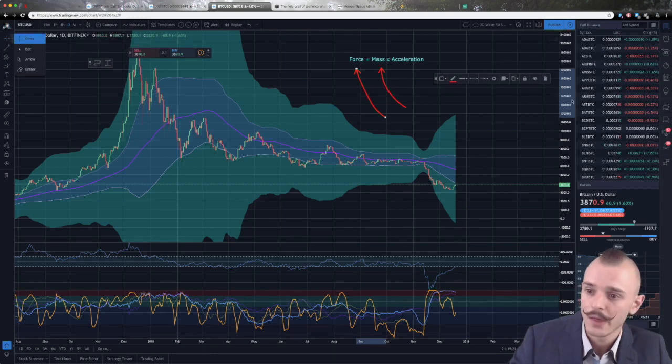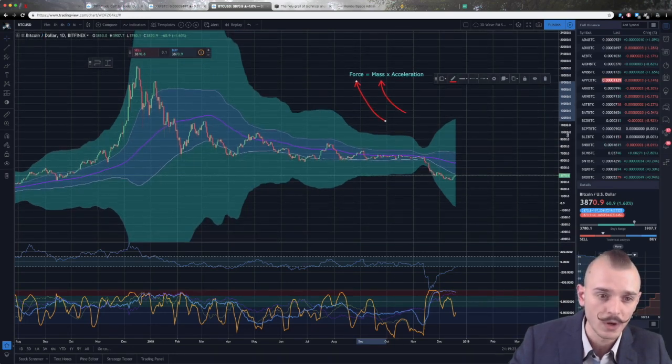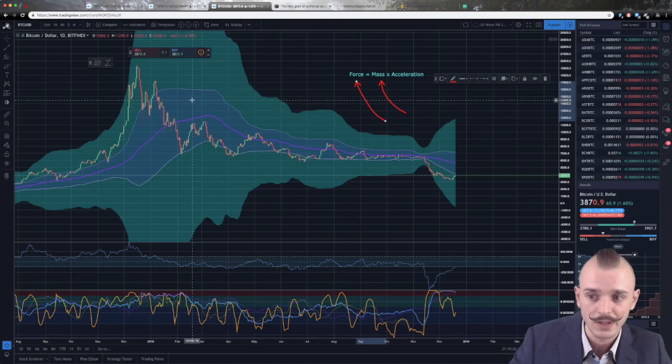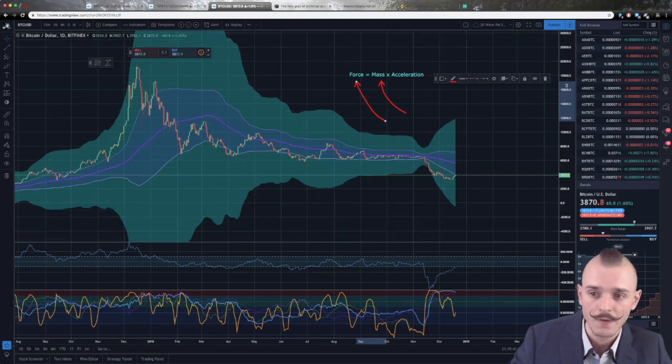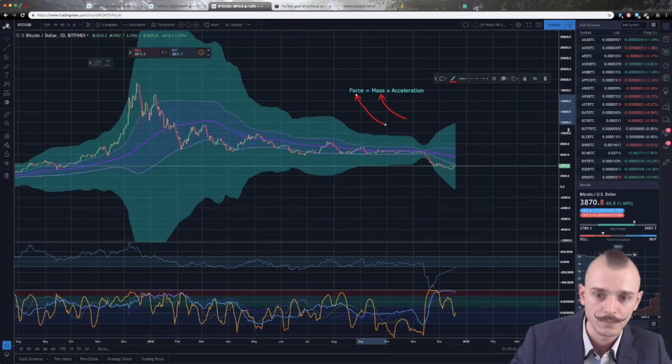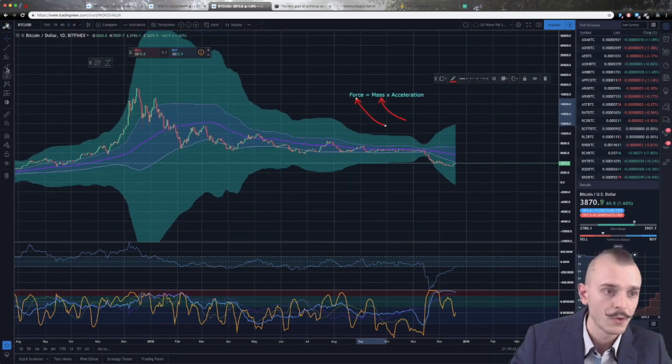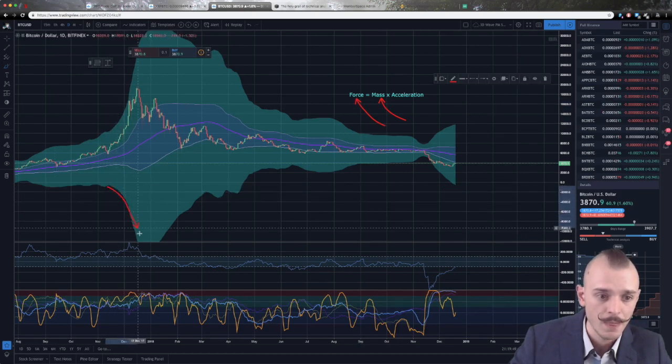Now, the biggest and most important piece of all of this, and it's going to be the holy grail for the rest of the strategy, is mass. Mass is the most important and underused metric in all of the markets. And mass is going to be the width of a distribution. The wider a band, the wider a set of data, the more mass it has.